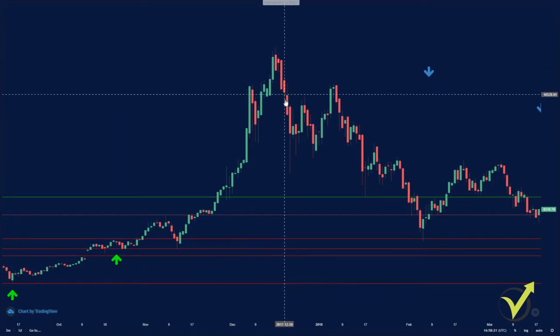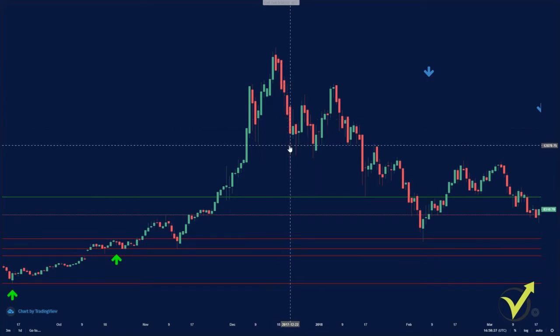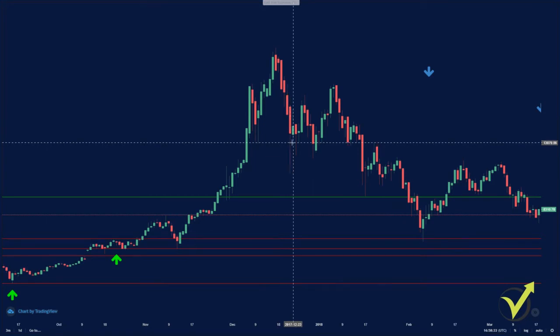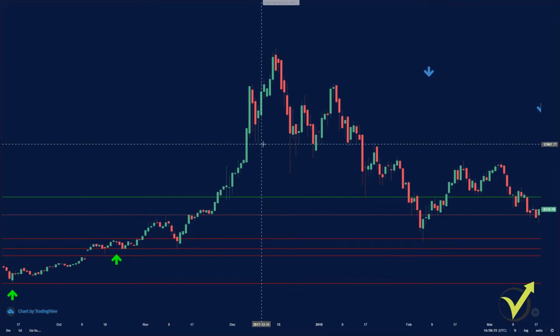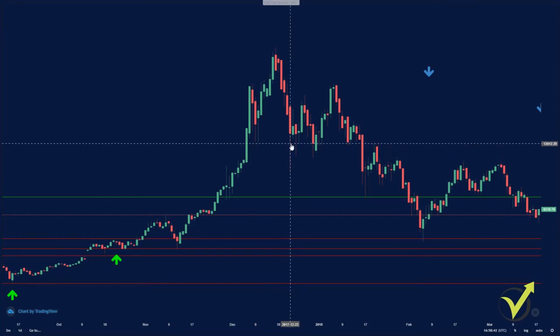But when the price dropped in December 2017, we had the break of the recent low, and this was exactly on the 22nd of December 2017. You can see right at this level the price broke. Even the day didn't close below, but it was a break.